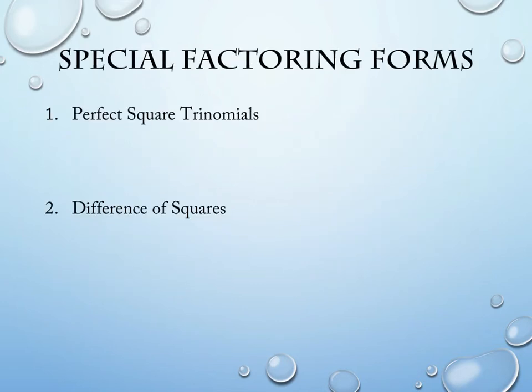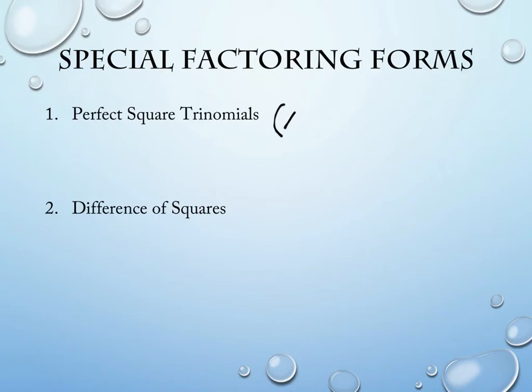Okay, the last part that we're going to take a look at in this section are some special factoring forms. There are two specific forms that we're going to look at. One's called a perfect square trinomial, and the other one is called difference of squares. Perfect square trinomial is very useful when you do certain types of factoring. And it says the following.